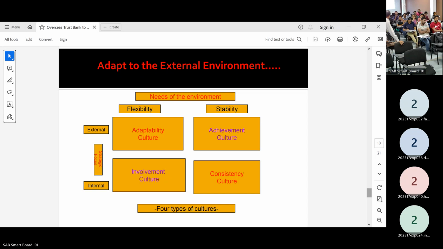One is that changes can be done with an internal focus. The opposite one is doing changes with an external focus. Those were the things we looked at on the previous slides.